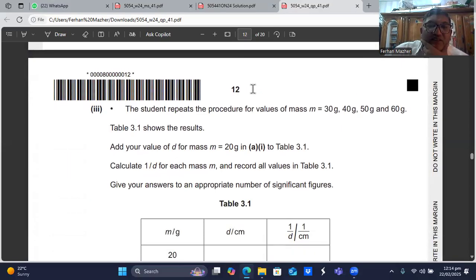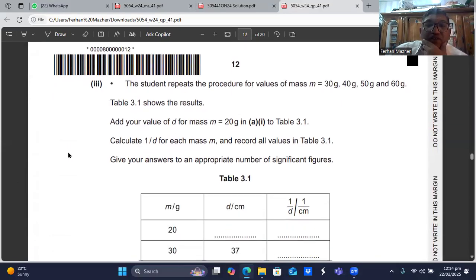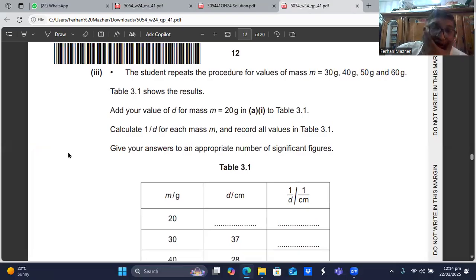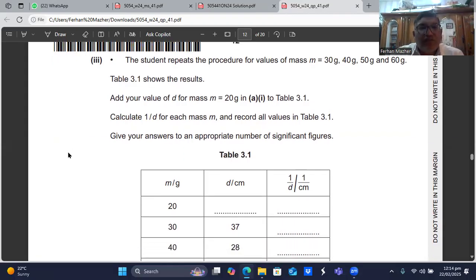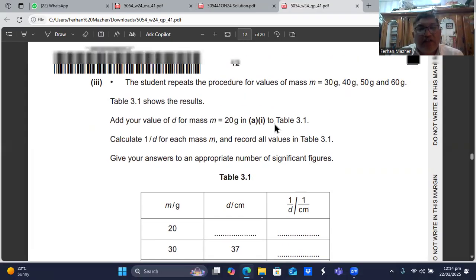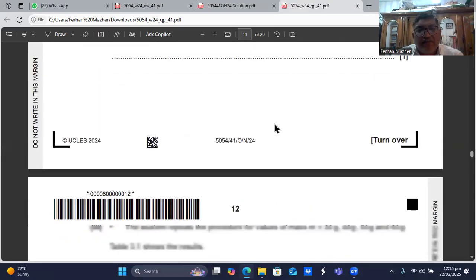Then the student repeats the procedure for the values of the mass 30 gram, 40 gram, 50 gram, and 60 gram. Table 3.1 shows the results. So add your value of d for the mass 20 gram from the first part to Table 3.1. That was 57, I think.